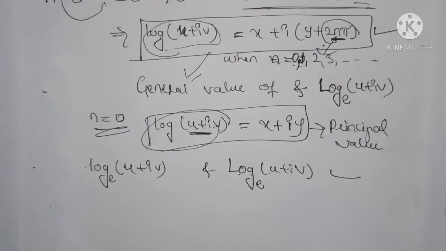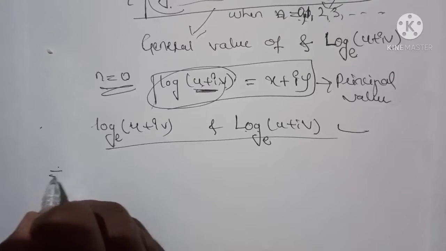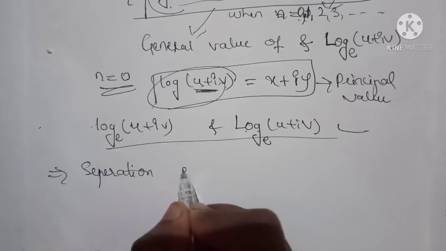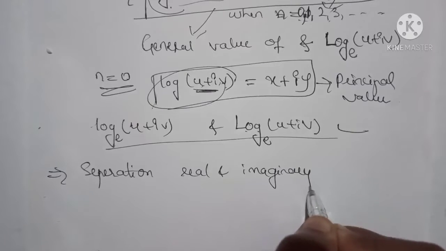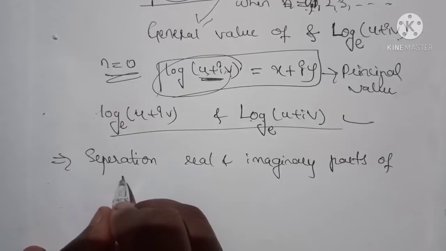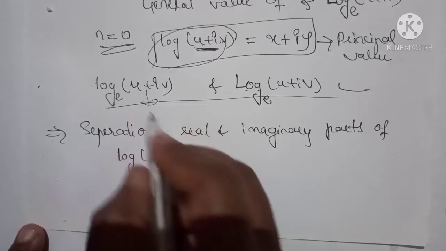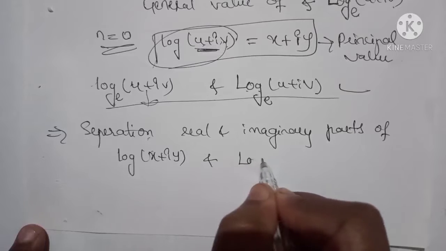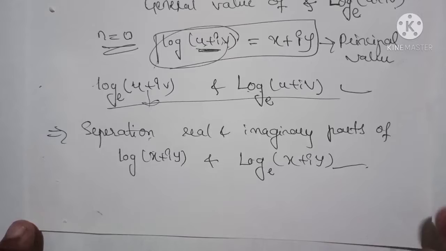Now we separate the real and imaginary parts of this principal value. Here I will take this as x plus iy and log of e x plus iy, which is easy to simplify.